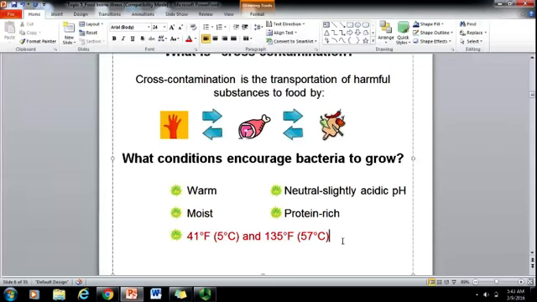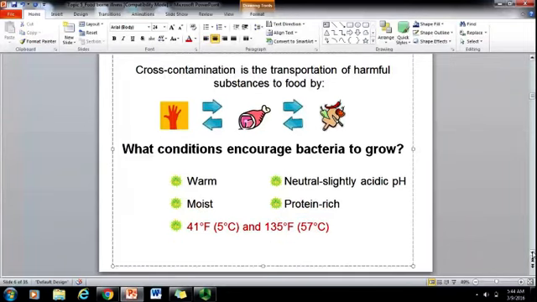We call it the danger zone temperature. This temperature is within 5 degrees Celsius up to 57 or 60 degrees Celsius. So now you know some of the factors that we can control in order to inhibit bacterial growth.